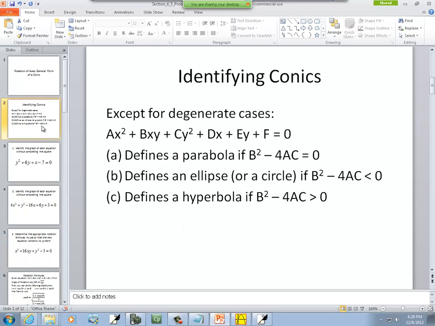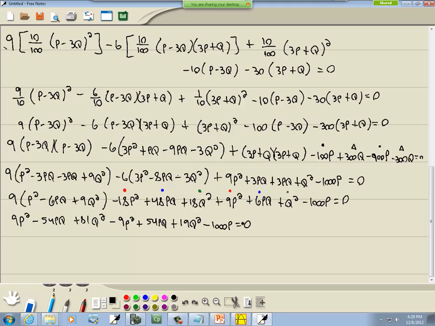I was real confident because I had my script in front of me, and my script's wrong. So I got b squared, which would give me 36, minus 4 times A, which is 9, times C, which is 1. It gives me 36 minus 36, which is 0, which is indeed a parabola. Oh, too cool. Stupid script. That's what I'm getting. It's going to be a parabola. Okay, so that makes sense why it didn't look like a hyperbola when I graphed it. I just assumed it was so far off.